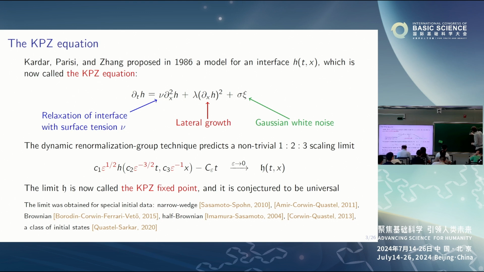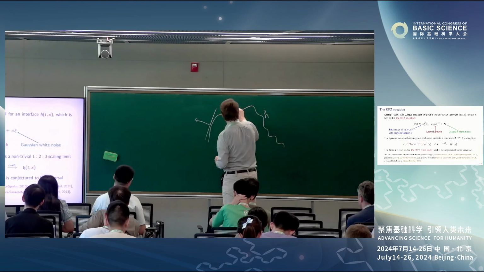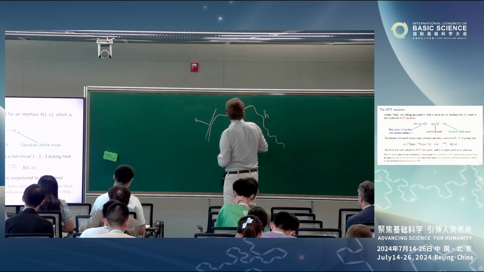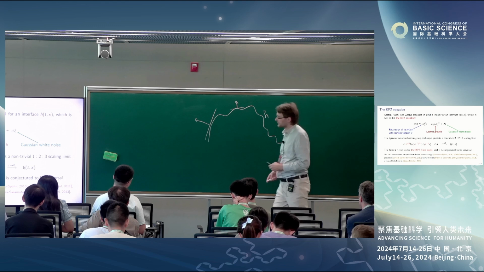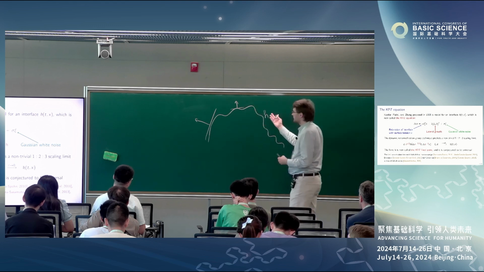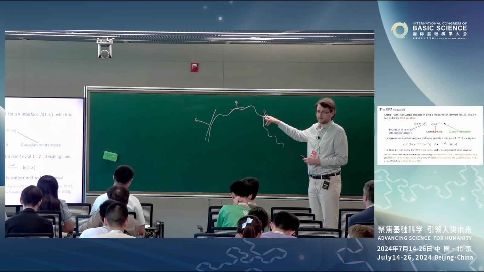If the slope is bigger, then the growth is bigger; if the slope is smaller, the growth is smaller. So the nonlinearity should depend on the slope, which is determined by the derivative of the height function.